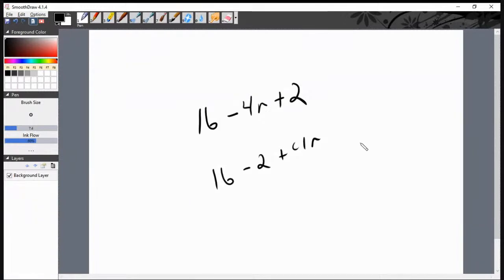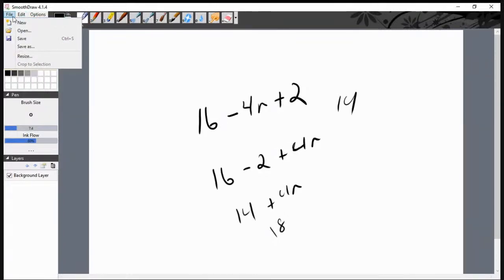If I do that, 16 minus 2 is 14, right? Plus 4r. If r equals 1, 14 plus 4 is 18, right? Let's use our original problem and see if we get the same answer. If r equals 1, 16 minus 4 is 12. Plus 2 is 14. So we have a problem. We didn't get the same answer.